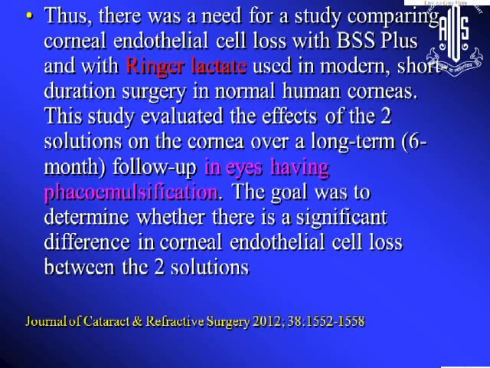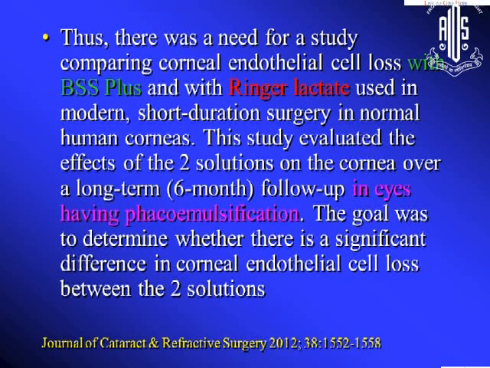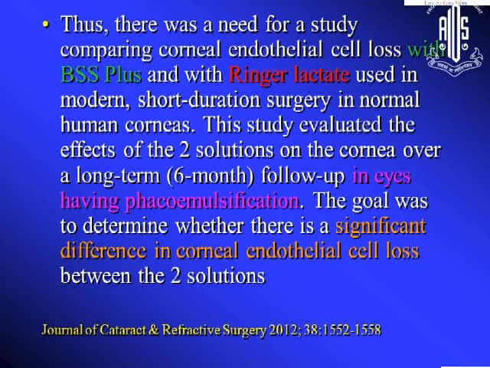Intervention, Ringer lactate. So here basically 2 solutions are being compared. One is Ringer's lactate, and the comparison is with BSS plus. Okay. And again, outcome measure is significant difference in corneal endothelial cell loss. And the time frame is 6 months, means it's a little longer than that.